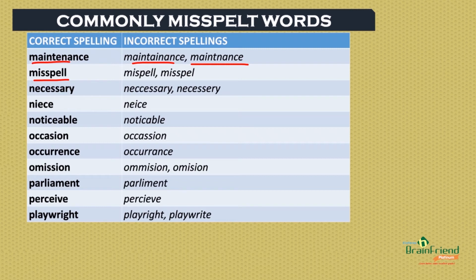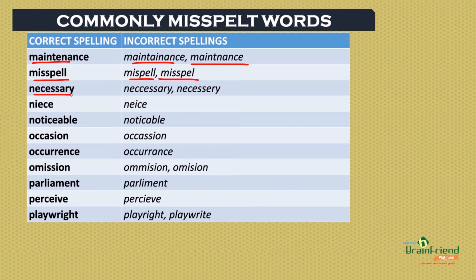Also, we have misspell. Misspell is spelled M-I-S-S-P-E-L-L, but it is spelled incorrectly as M-I-S-P-E-L-L or M-I-S-S-P-E-L.